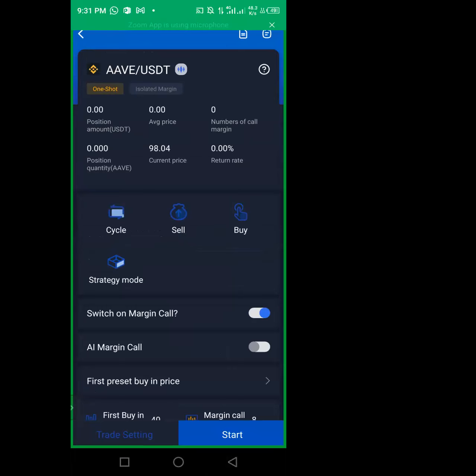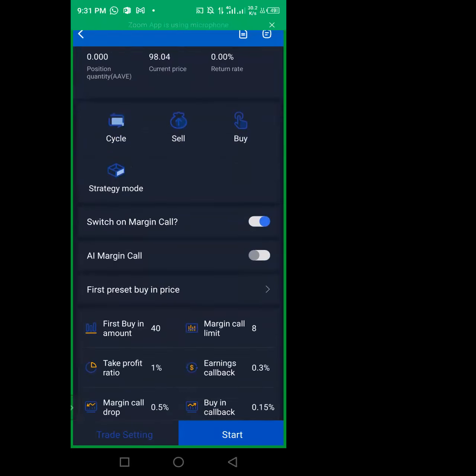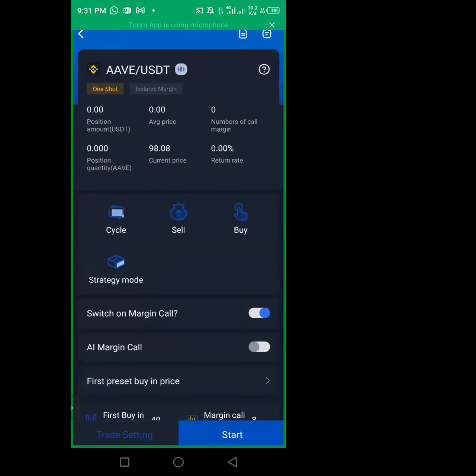You have an emergency and you need money. What will you do? The coin is already in floating profit, but it has not reached your take profit percentage, which is 1%. It's on 0.5 and it's delaying you. That is only when you activate the sell. When you click on sell, you click on market price. You see market price, you click on it and you click confirm.